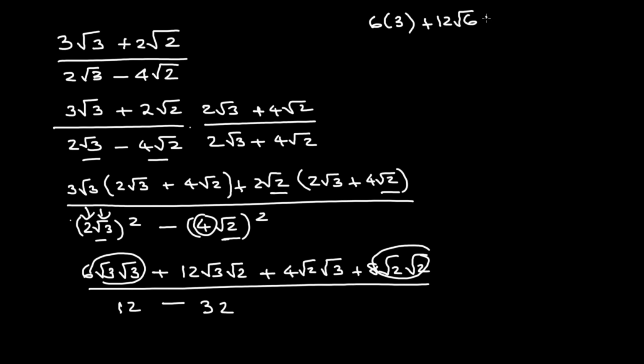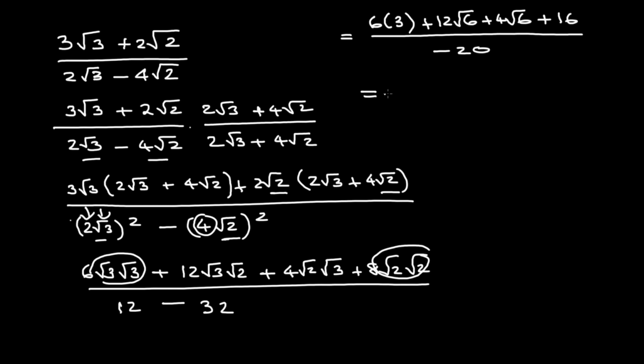So I'll have plus 4 root 6, like that. And then these are repeating. So we'll have 2 times 8, which is 16. And then here I have minus 20 at the bottom.